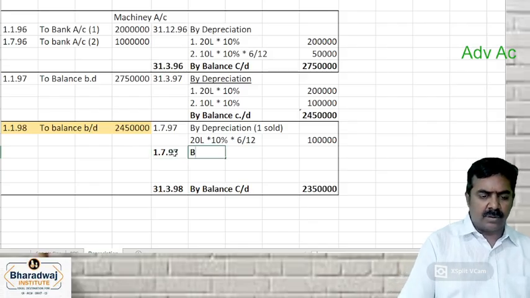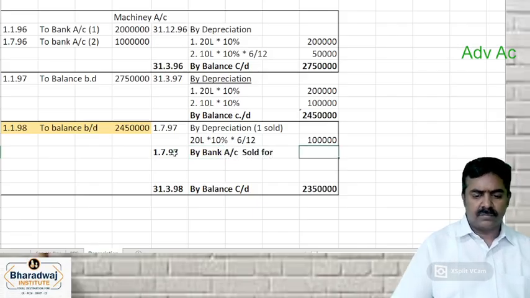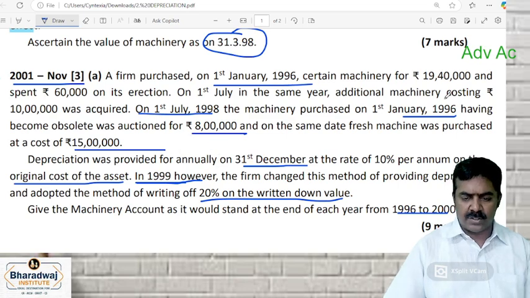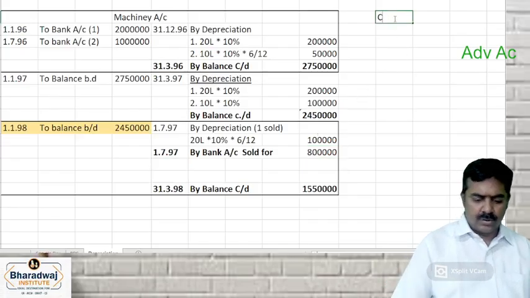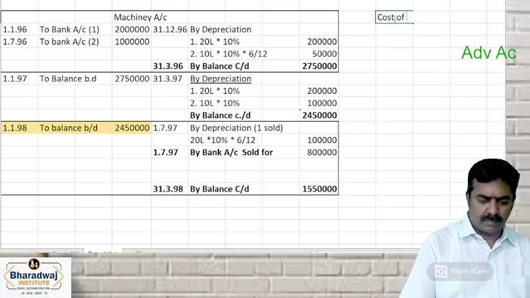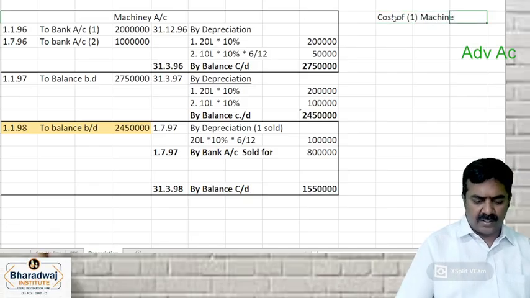By bank account, it is sold for how much? 8 lakhs. So what is the cost of the machine? 20 lakhs.